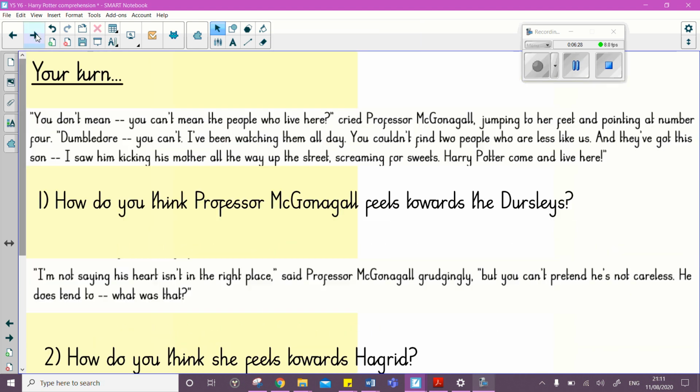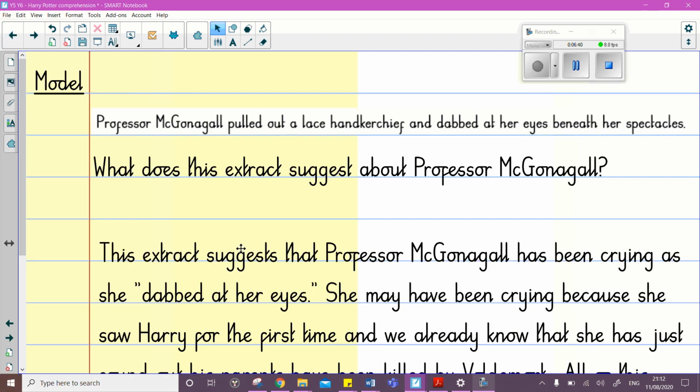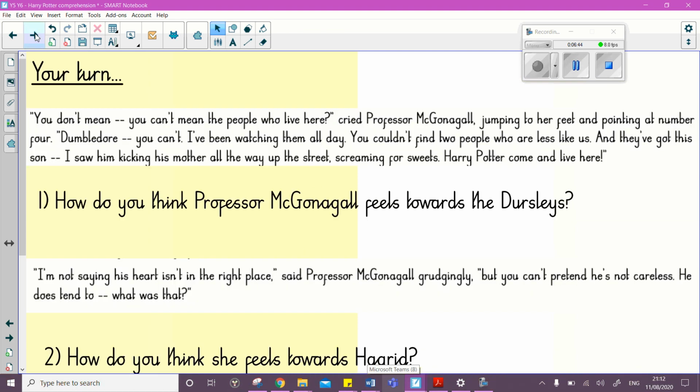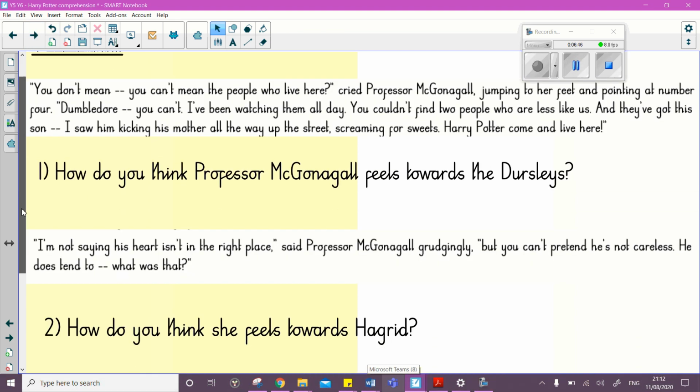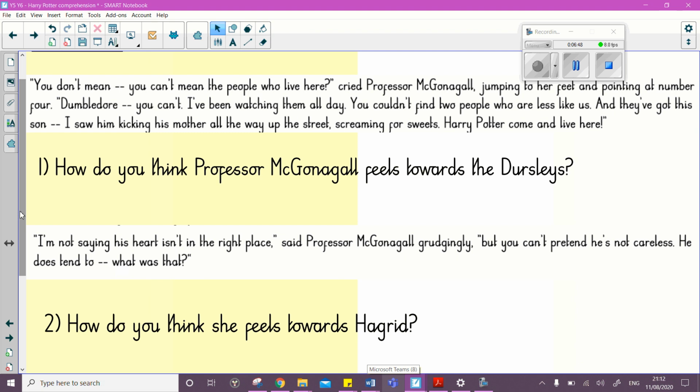So what I want you to do now is to have a go at the next 3 questions. So there's an extract and a question for you to answer using your inferences. So like I did just, explain what it suggests, maybe use a quote, and then explain that little bit more. So we've got 1 question there. How do you think Professor McGonagall feels towards the Dursleys after reading this extract?